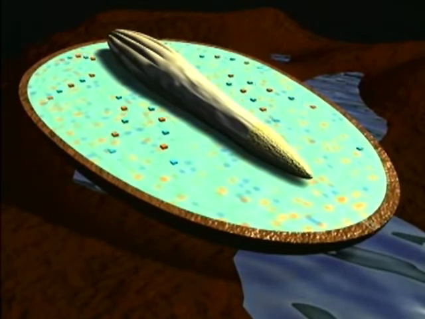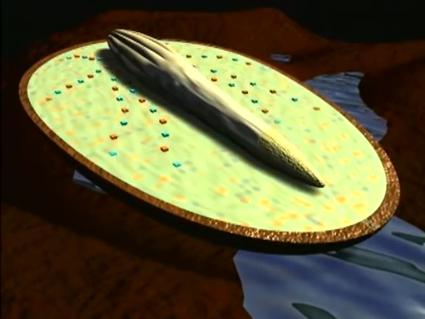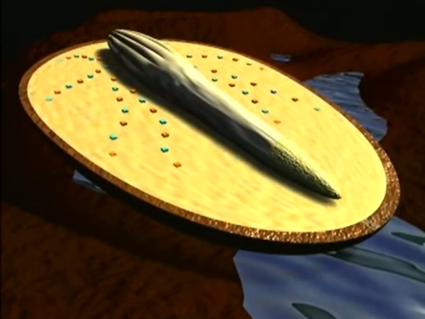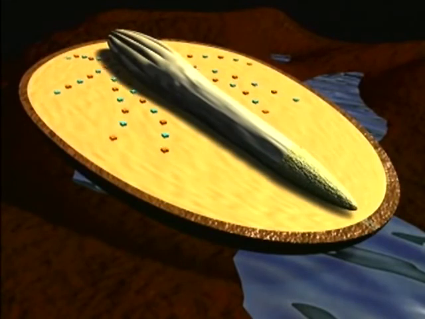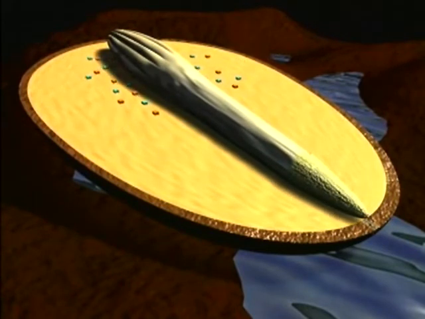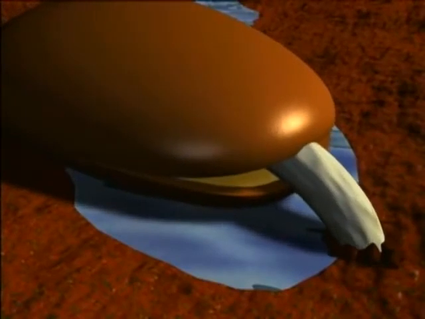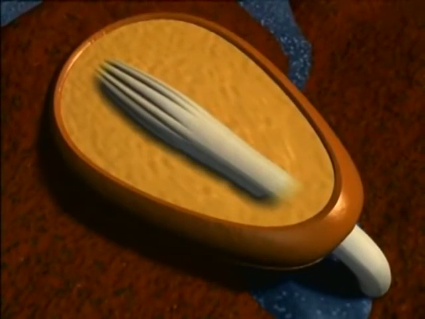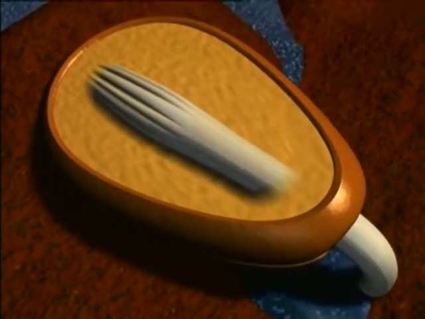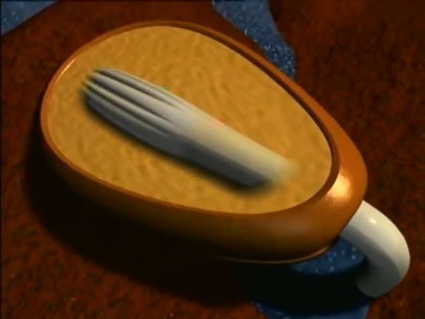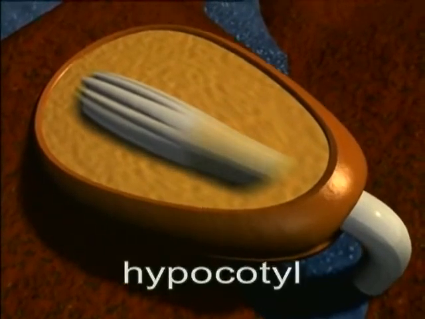Nutrients stored within the female gametophyte are now absorbed by the cotyledons for use by the growing embryo. The root, protected by the cap, grows into the soil to provide water and support for the stem. Soon the stem axis below the cotyledons, known as the hypocotyl, begins to elongate.